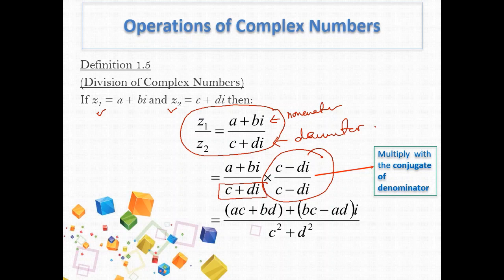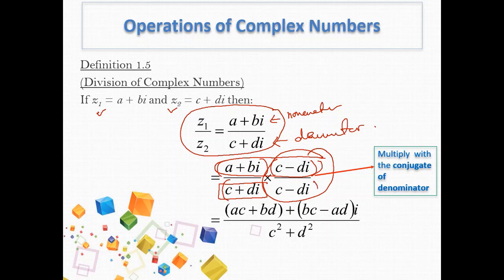Both the bottom part and the upper part you multiply with the conjugate of the denominator. Then you perform the standard multiplication of two complex numbers.